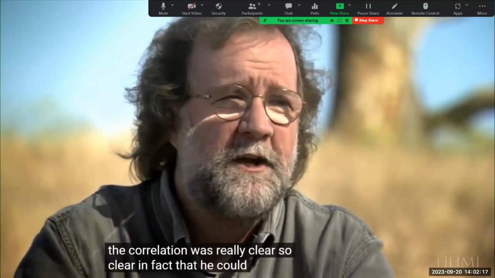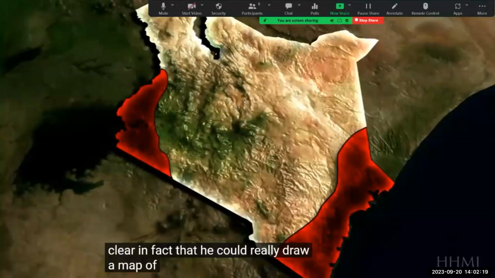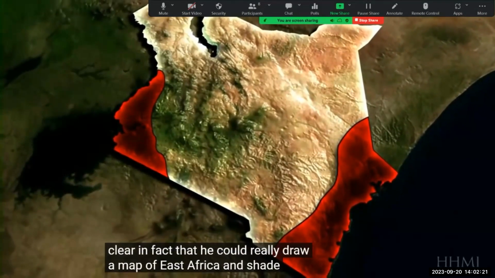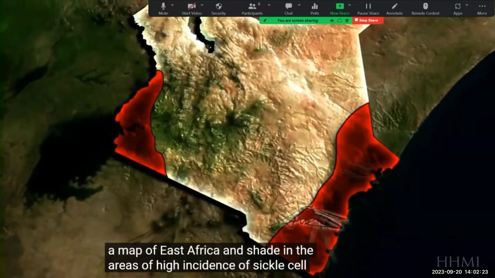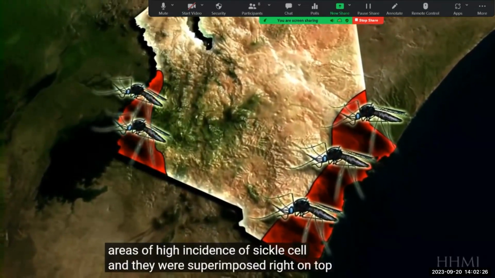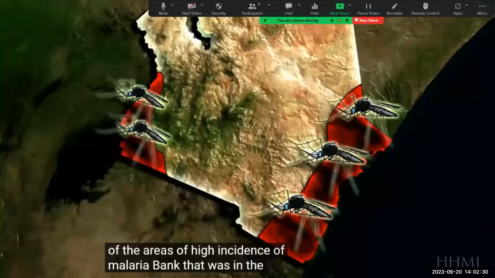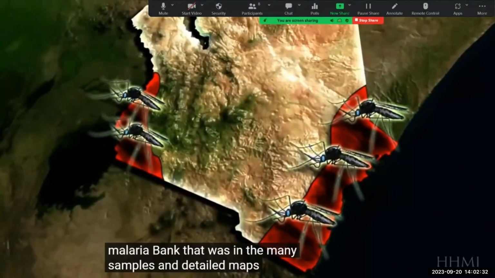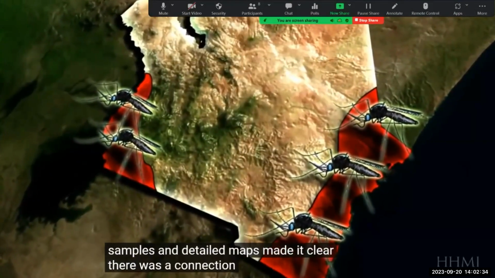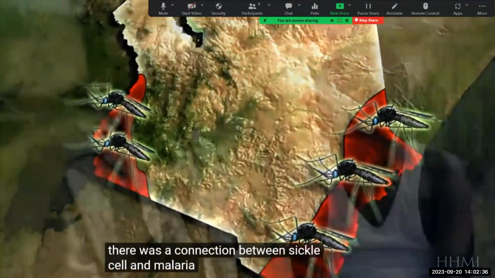So clear, in fact, that he could really draw a map of East Africa and shade in the areas of high incidence of sickle cell, and they were superimposed right on top of the areas of high incidence of malaria. Bang, that was it. The many samples and detailed maps made it clear there was a connection between sickle cell and malaria.